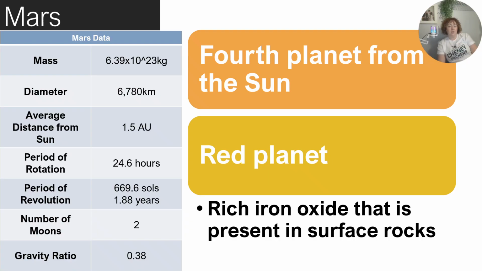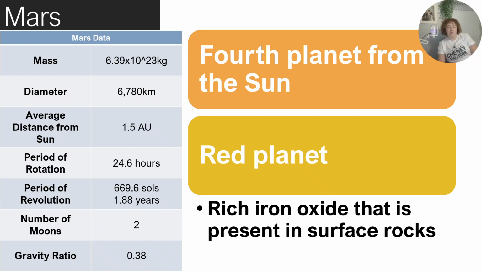So it takes 669.6 sols or days to complete a revolution around the sun, which here on Earth would equate to about 1.88 years, meaning that it takes about a year and 9 months.